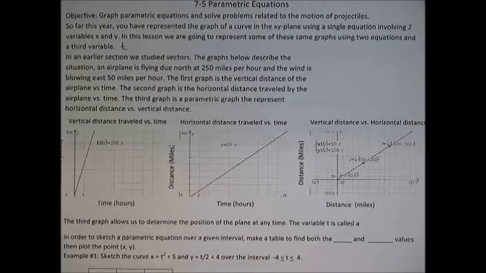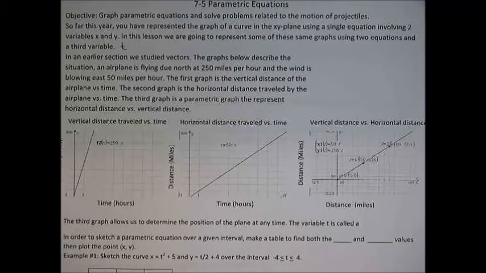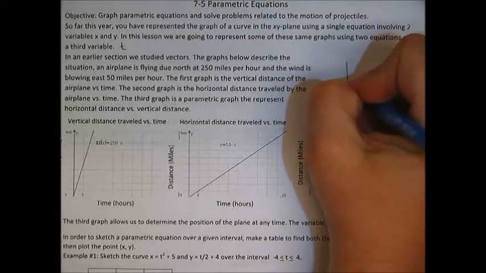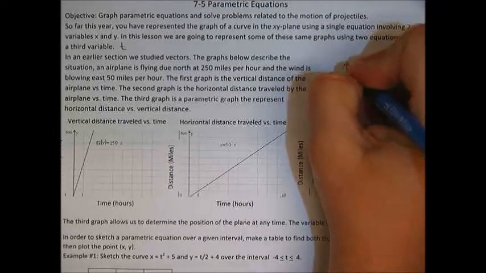To explain how valuable parametrics are, let me go back to what we studied with vectors and describe a problem we've studied before. An airplane is flying due north at 250 miles per hour. If I drew a vector to represent that, I would have 250 miles per hour flying due north.